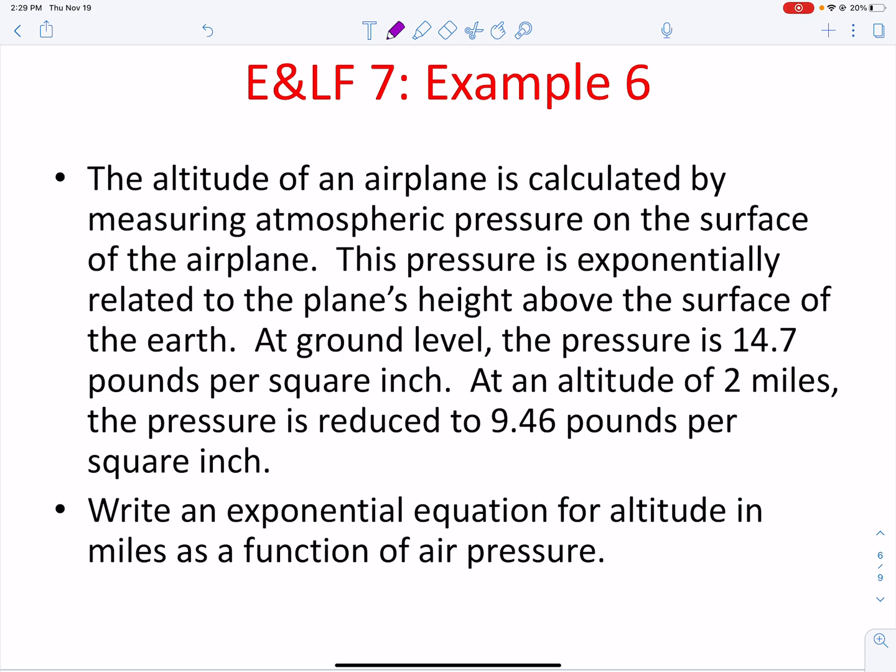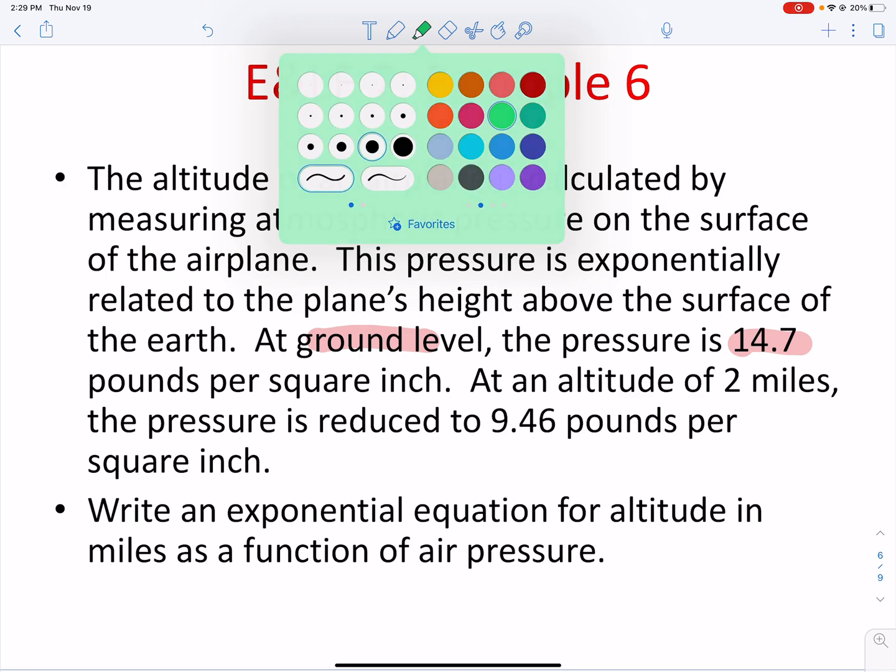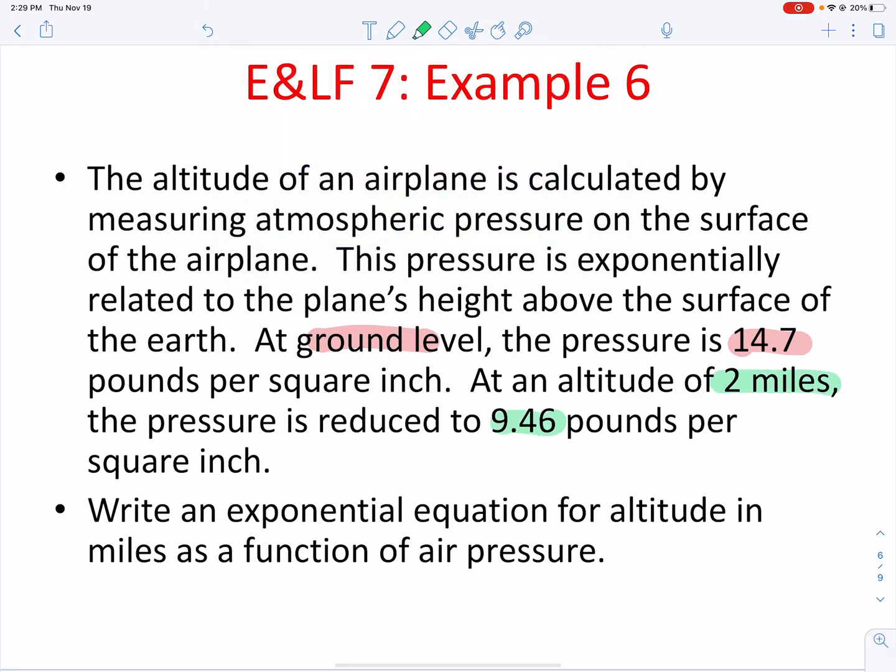So on this question, the altitude of an airplane is calculated by the pressure on the surface. The pressure is exponentially related to the plane's height off the earth. Ground level is 14.7 and 2 miles is 9.46. So I know that ground level is 14.7 and I know that 2 miles is 9.46.